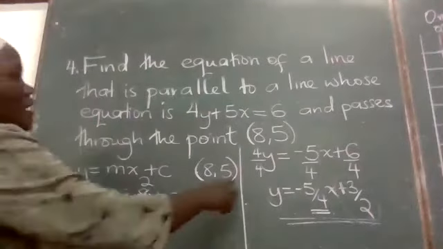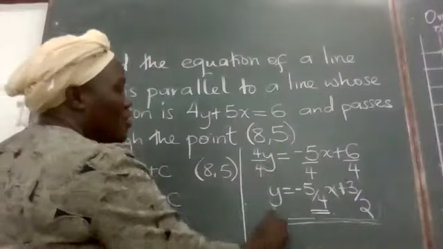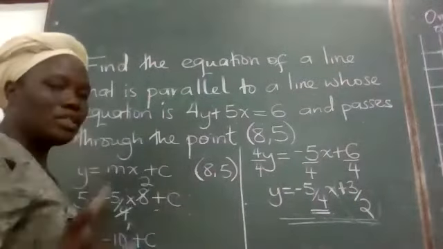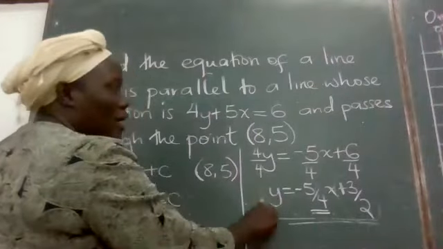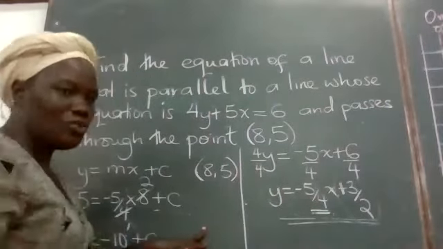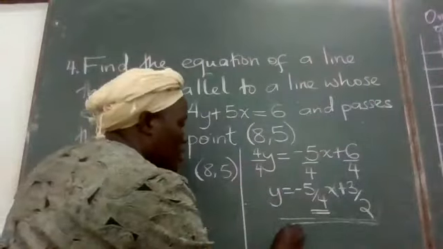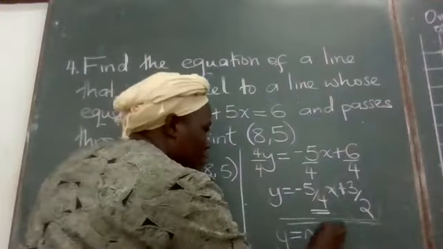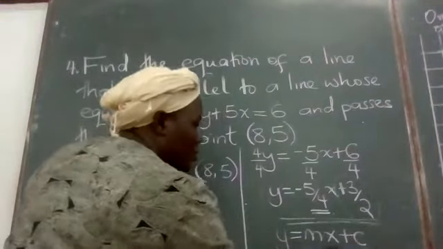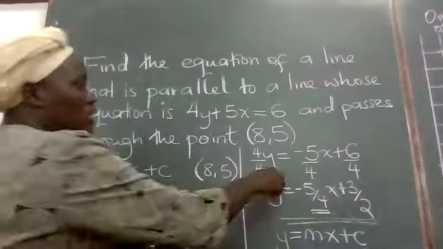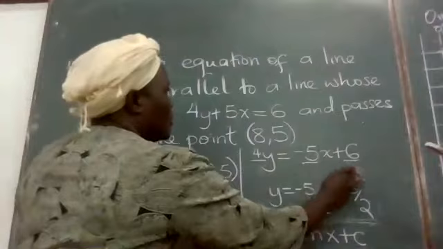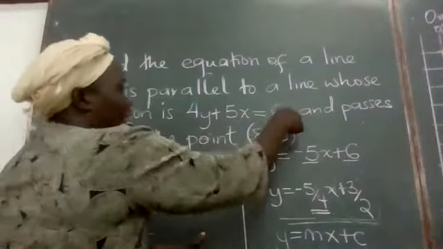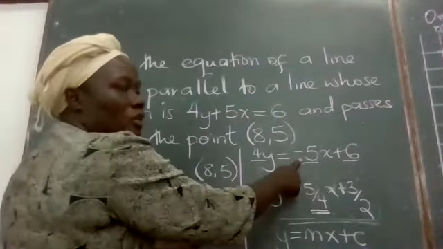So what we did first here was to try and rearrange. Remember we said you only pick the gradient if the coefficient of y here is 1. Actually, the first thing you do is to write the equation in the form y is mx plus c. That is the general equation of the line. That is what I did here. The first thing I did was to take the 5x to the other side, so it became a negative.